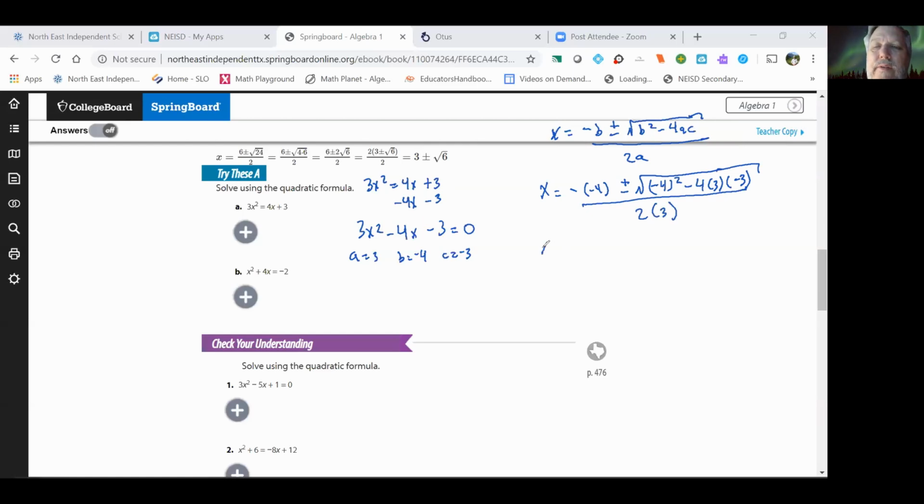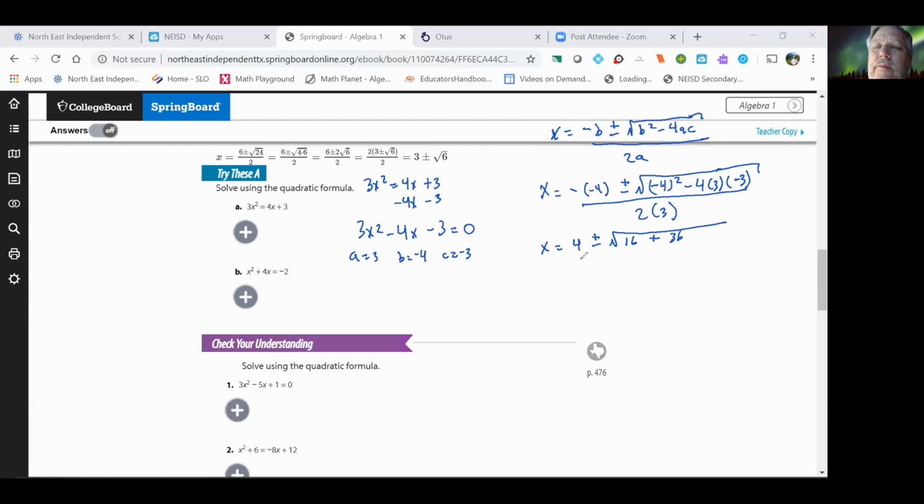Let's go ahead and start to simplify it. It's going to be a positive 4 plus or minus the square root of negative 4 squared, which is going to be 16. And remember, I have a negative and a negative, so I have an even number of signs. That means my answer is going to be positive here. And it's going to be 4 times 3 is 12, 12 times 3 is 36.